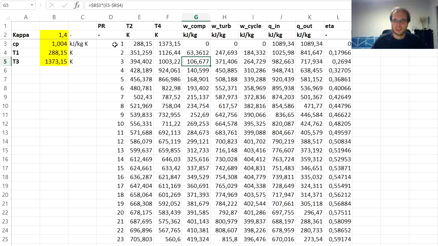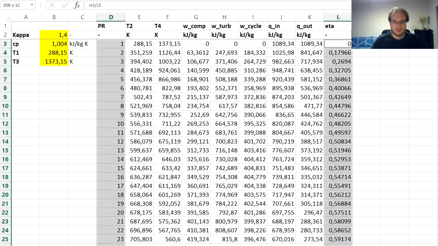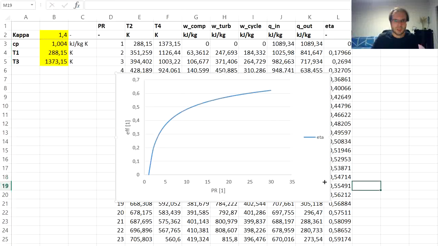So we can show the efficiency of the system with respect to the pressure ratio as a chart, and we can see that as the pressure ratio increases, the efficiency goes up, but the beginning part is much sharper than the subsequent part at the high pressure ratios.